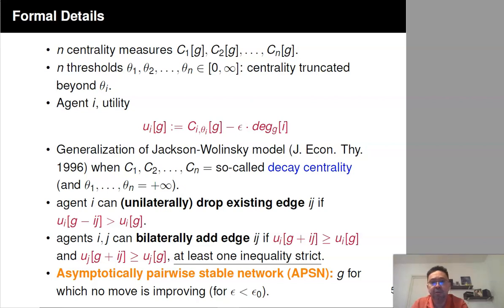And the central stability concept that we're looking at in such a model is that of an asymptotically pairwise stable network, or APSN. We're going to call a network G APSN when no move is improving in the sense of edge addition or removal. Of course, this is going to be true for small enough values of epsilon.